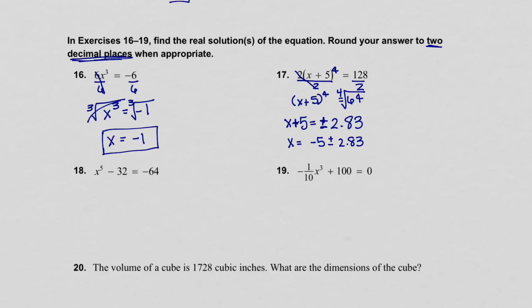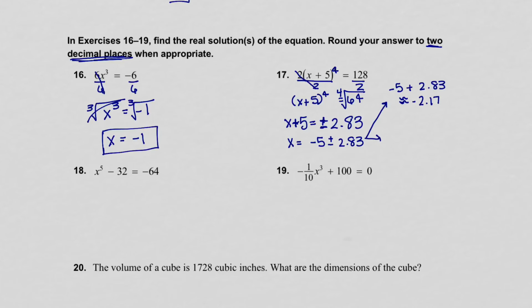To actually finish solving this, I'm going to have to do 2 different problems. I'm going to have to say negative 5 plus 2.83, which gives me approximately, since this is a rounded answer, negative 2.17.